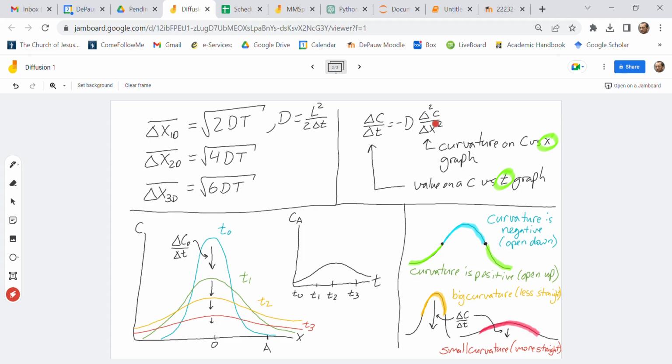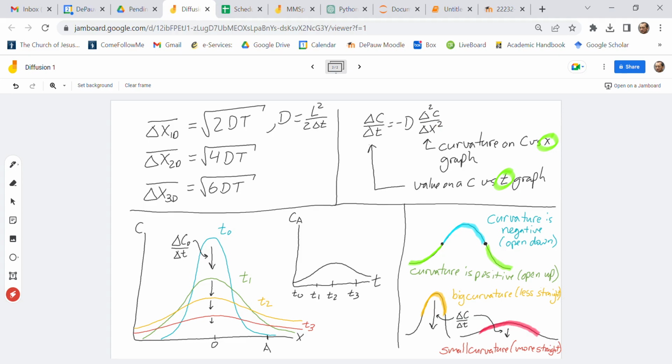Now this is complicated. This is really complicated. But there's a simple way to think about this one. Basically, if we called this a velocity, this is kind of like an acceleration, but it's in position, not time. This is basically the change in concentration twice.